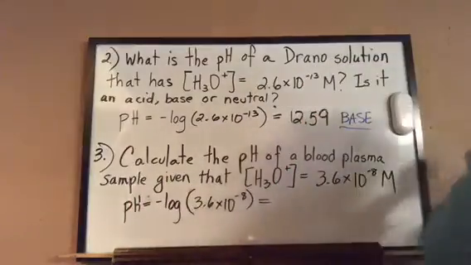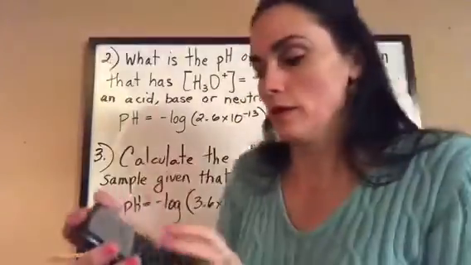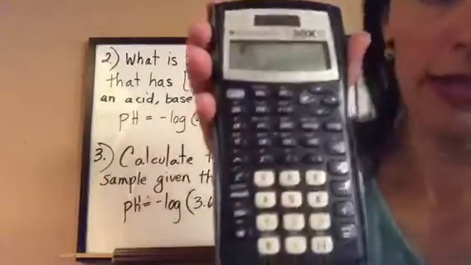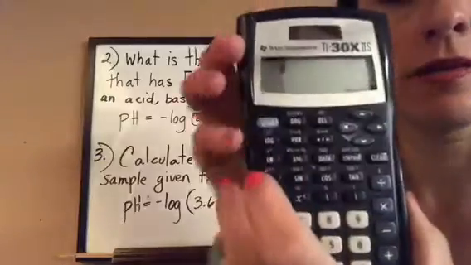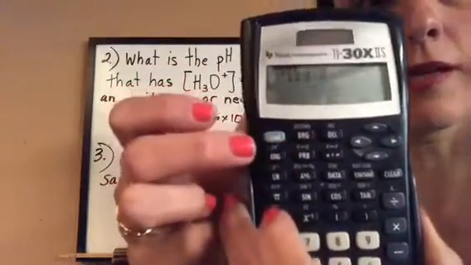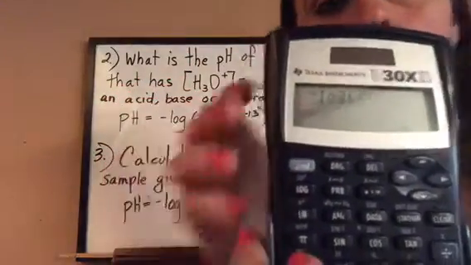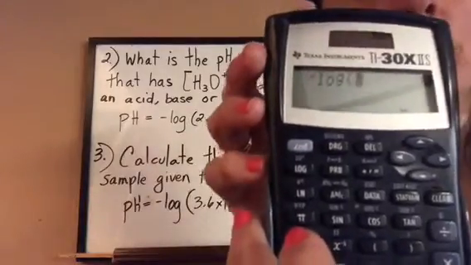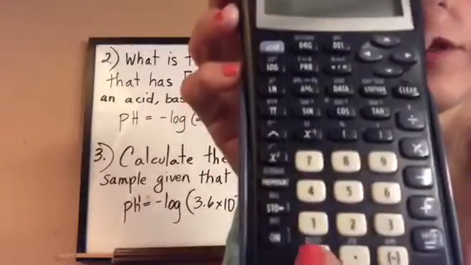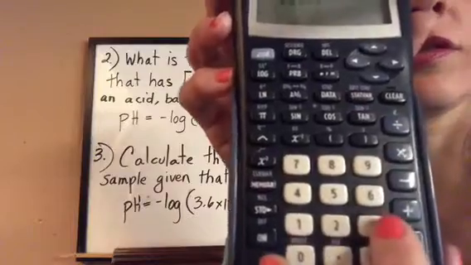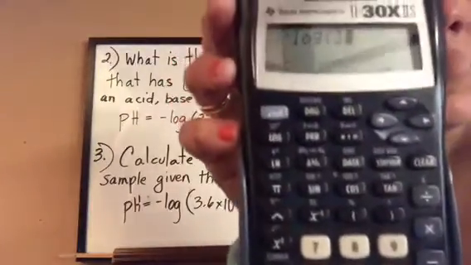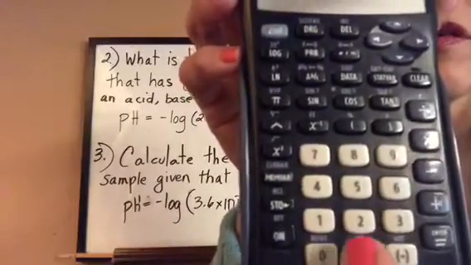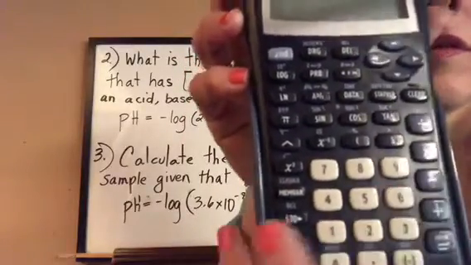So we put that into our calculator. Okay, negative log. Okay, now I need to put in what the concentration is. So the concentration is 3.6 times 10.